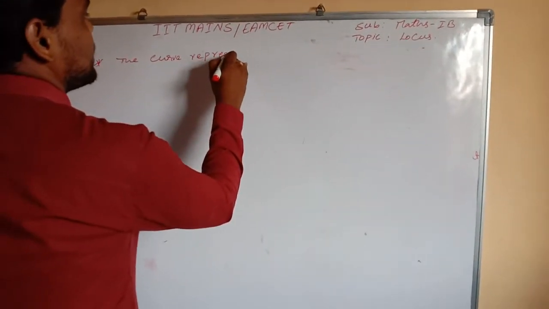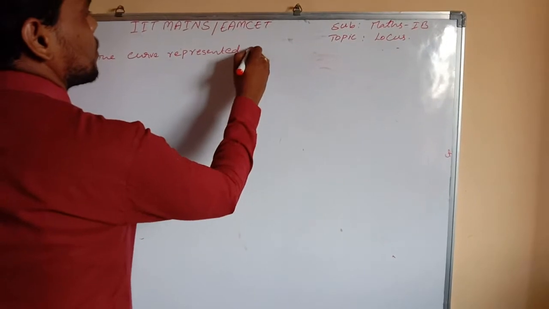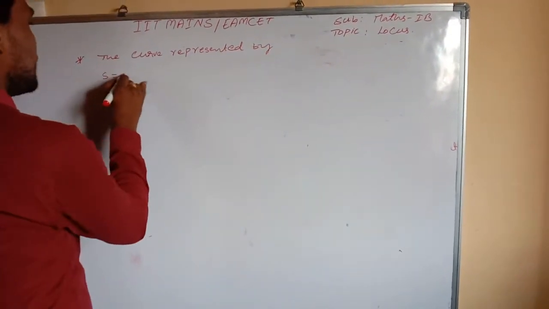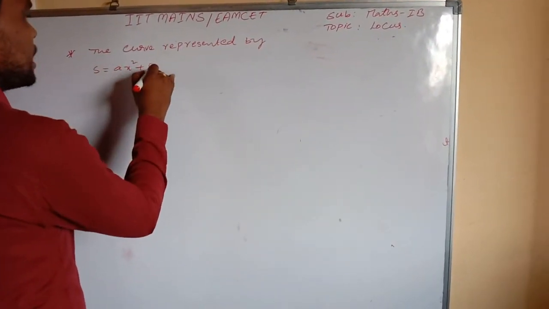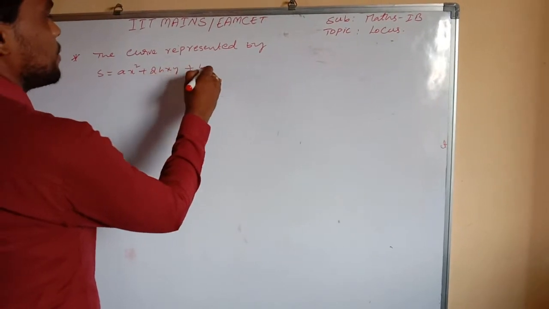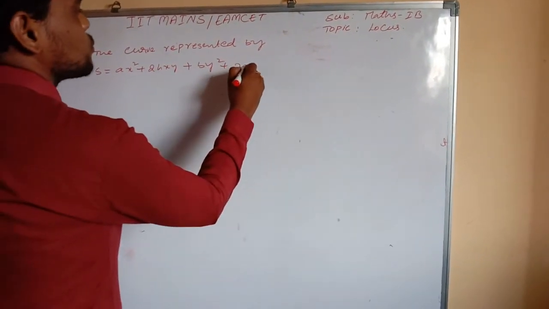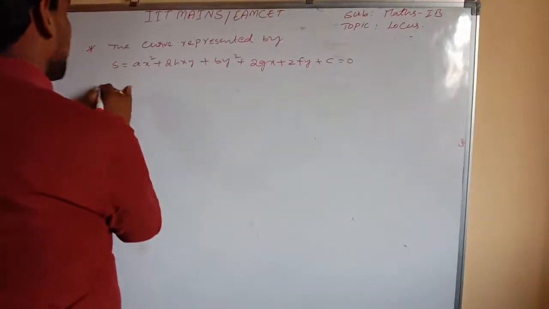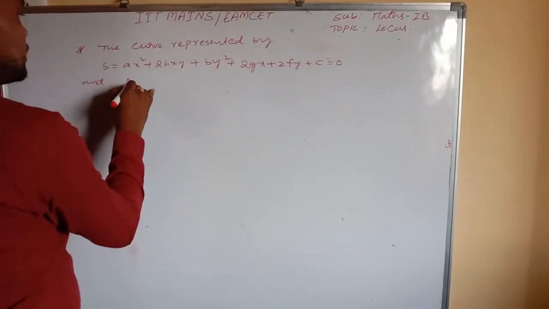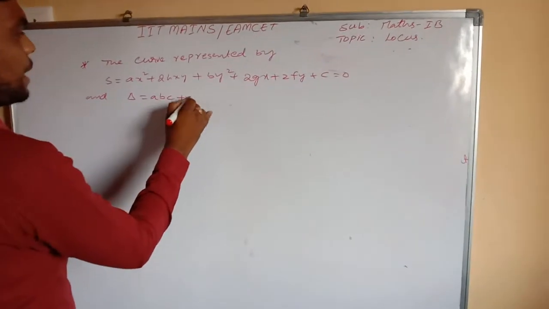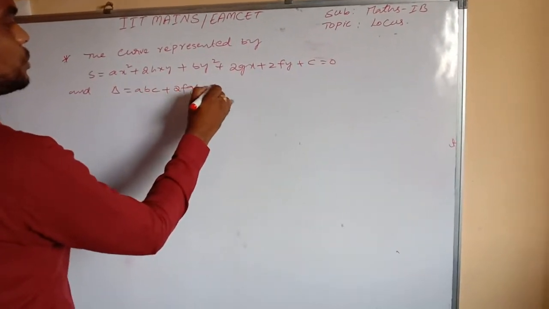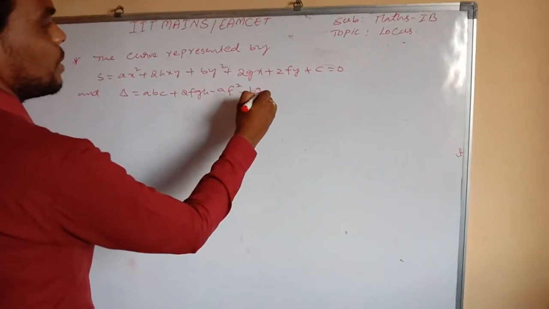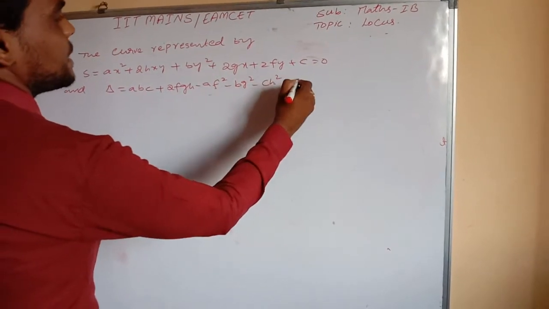The curve represented by S is equal to ax square plus 2hxy plus by square plus 2gx plus 2fy plus c is equal to 0, and delta is equal to abc plus 2fgh minus af square minus bg square minus ch square.